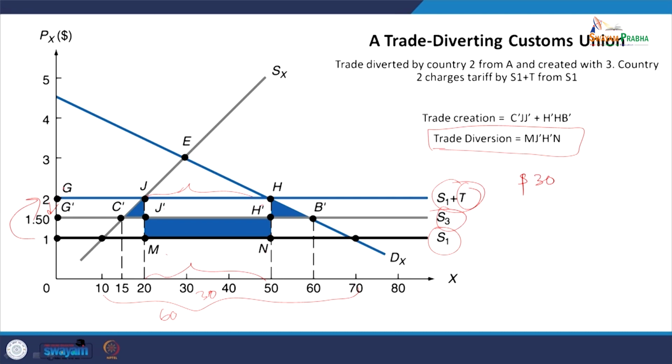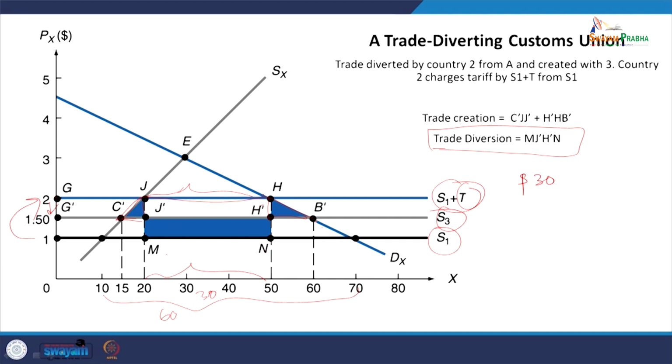Basically at 2 they have clear trade diversion. At 2 these two triangles are adding an extra value. Under this diagram, as we already explained, C prime, J, H and B prime are the area of trade created.